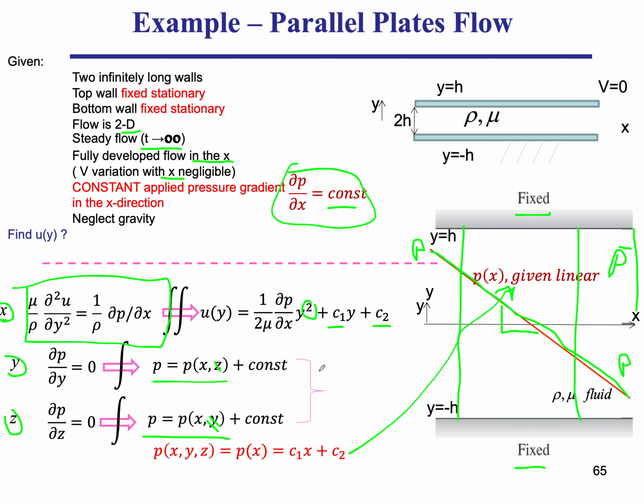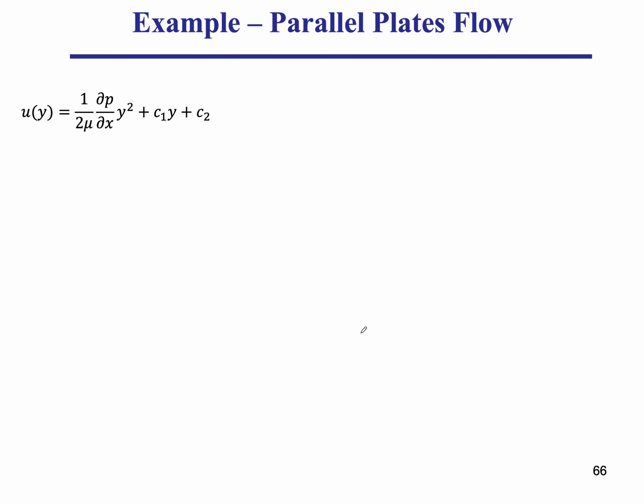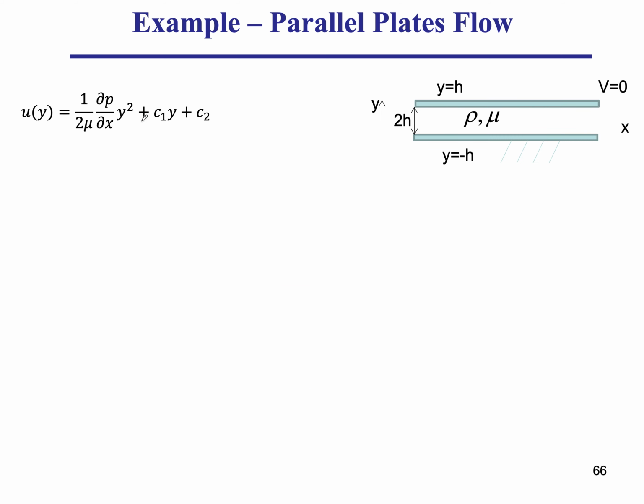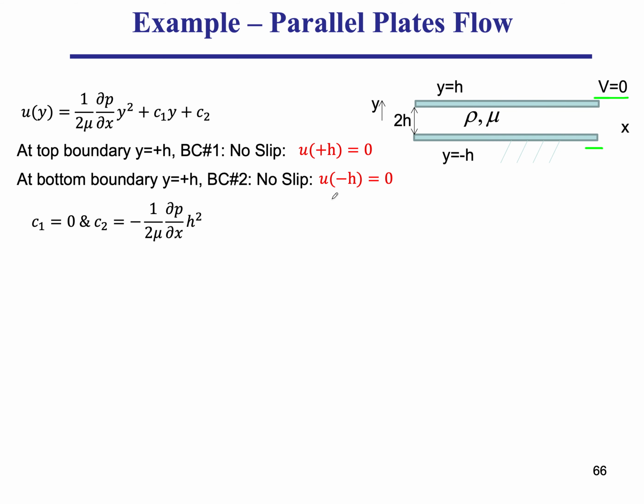So the next step is to find C1 and C2, our constants of integration. So now it's an old story. We apply the boundary conditions at y equal h and minus h. Both of them are stationary. Top wall stationary, bottom wall stationary. Top boundary no slip, and the bottom boundary is a no slip.